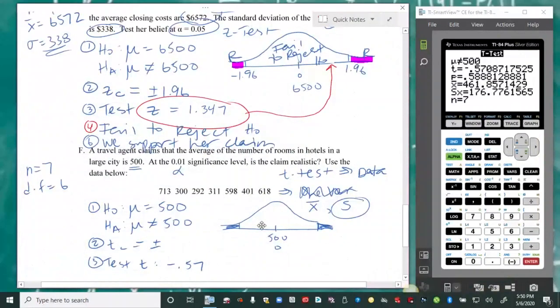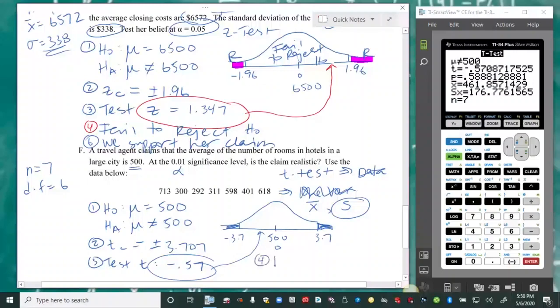Plus or minus 3.707. I definitely am not more than 3.7 standard deviations away. So I've got those plus or minus. This guy is a little bit less, but not much. I landed in my fail to reject region.